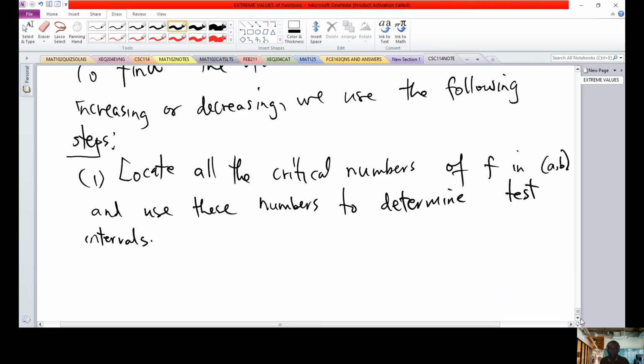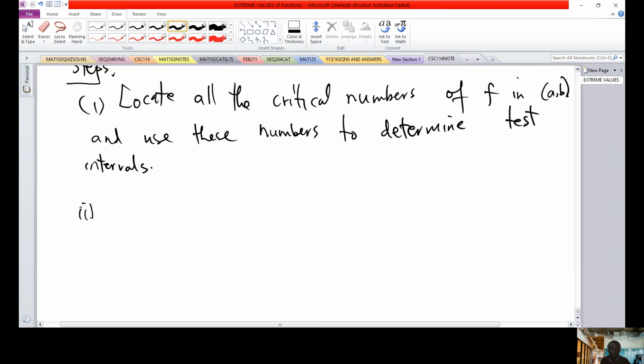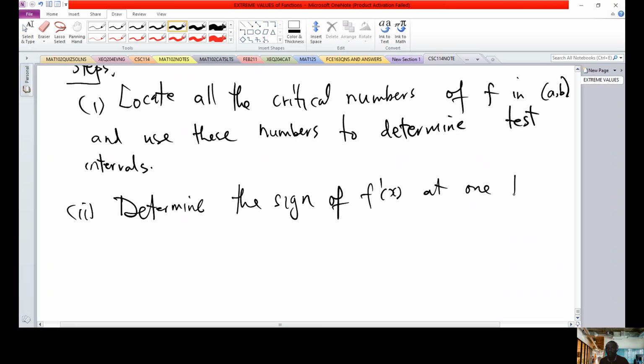Number 2, determine the sign of the derivative of the function at one test value in each of the intervals.